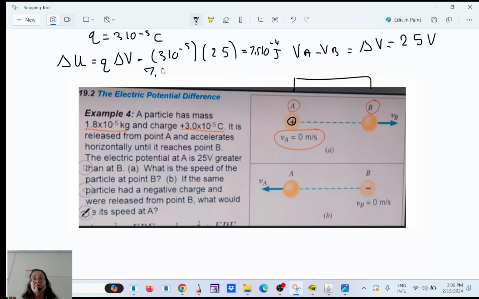So 7.5 times 10 to the negative 4, we start from rest, so that's going to be 0.5 times the mass, 1.8 times 10 to the negative 5, times v squared. So you can find the speed. How much is that? Yes, 9.